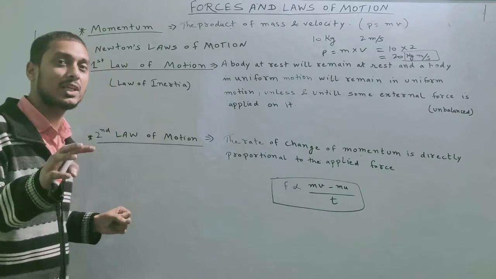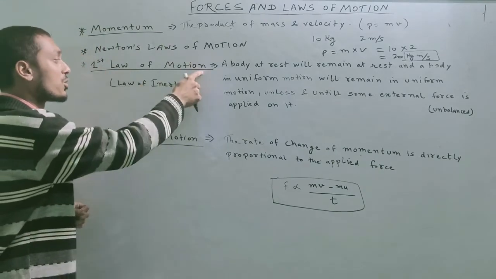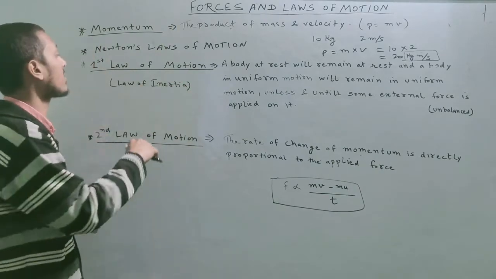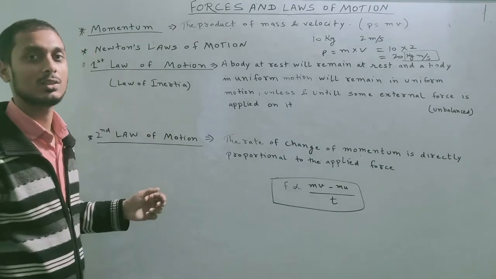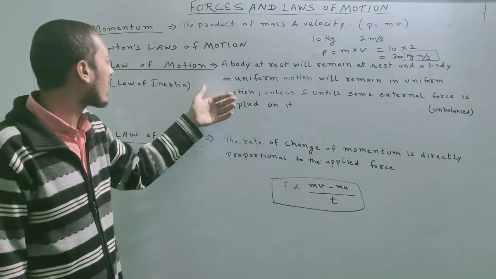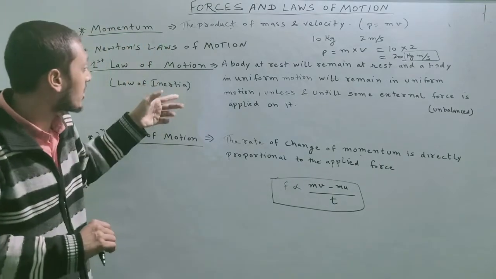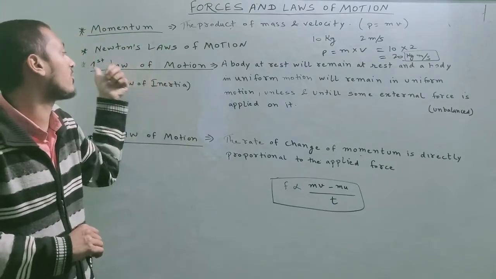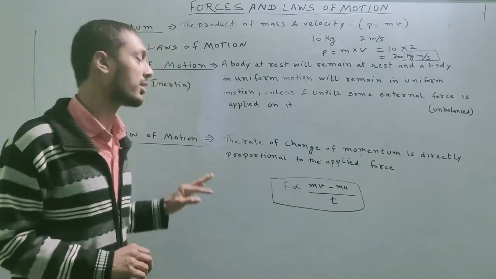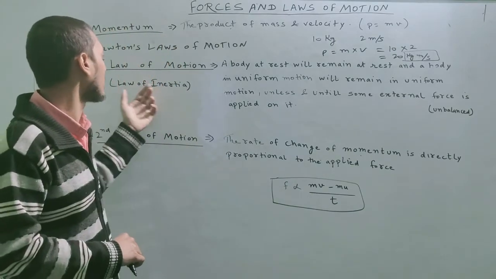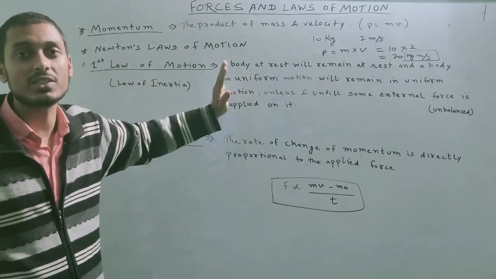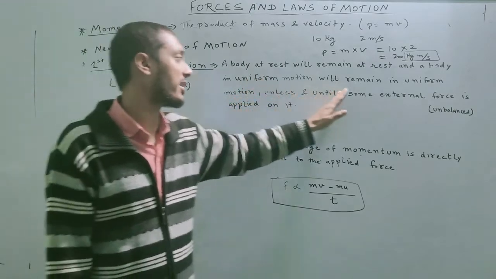That's why this first law of motion is also known as the law of inertia, because it is directly pointing to the concept of inertia. If you already know inertia, it will be very easy for you to understand this.